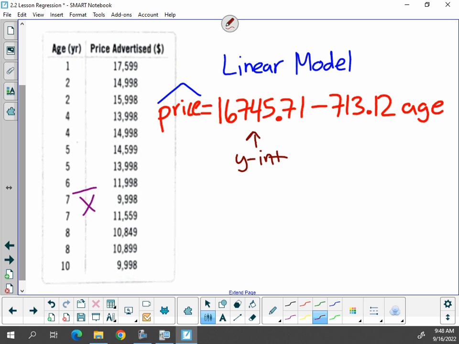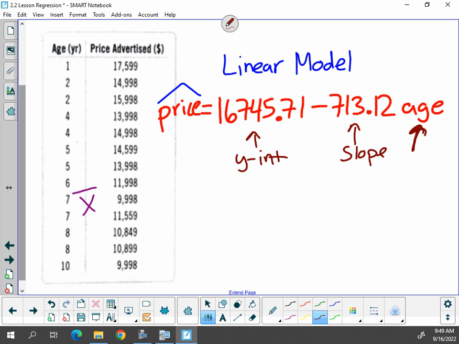And of course, our slope means that as we add 1 year to the age, we keep adding 1 year and adding 1 year. Each time we add 1 year, the price will go down $713.12. It's important to use the language that conveys that this is not an exact thing.